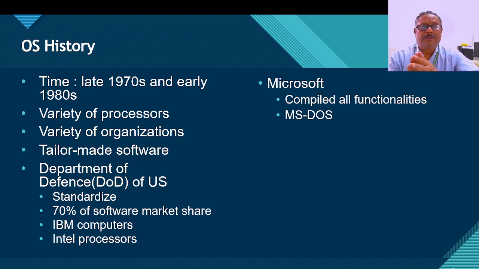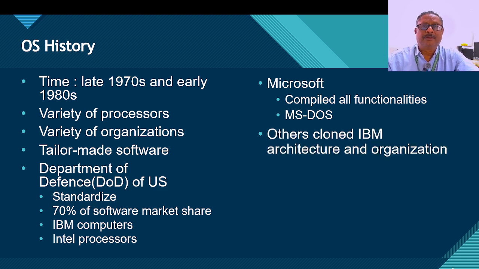So Microsoft targeted the IBM organization of the system, and IBM in turn was using the Intel processor. Therefore, Microsoft targeted the instruction set of the Intel processor, and that way the whole DOS, disk operating system, came into existence.